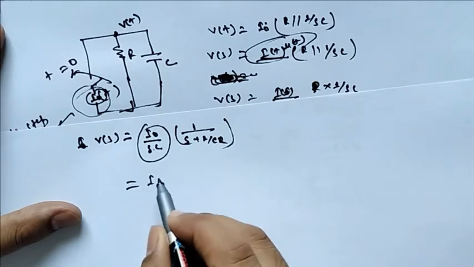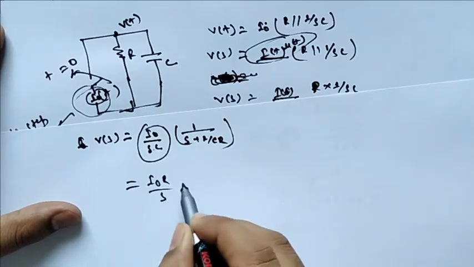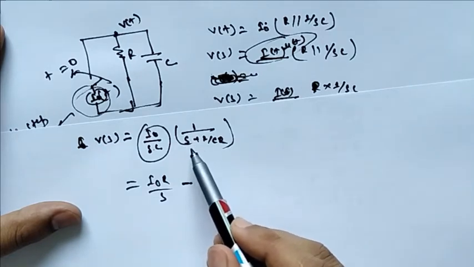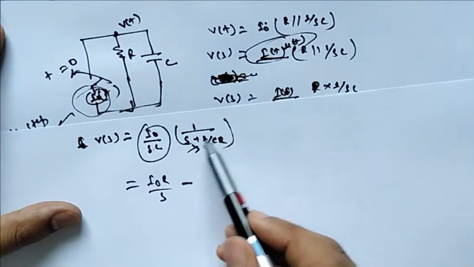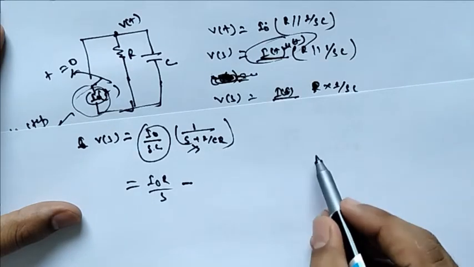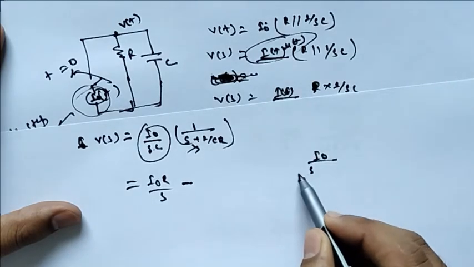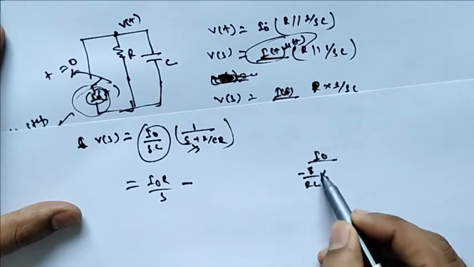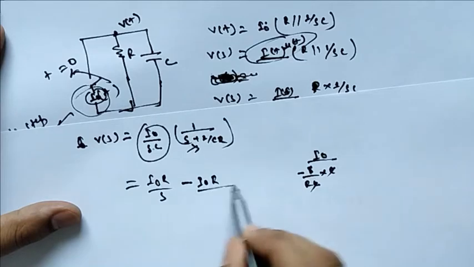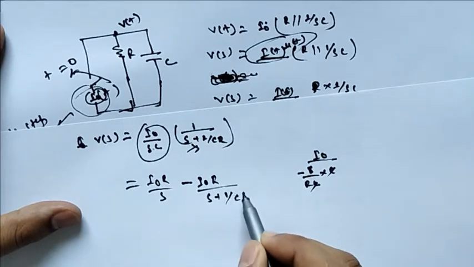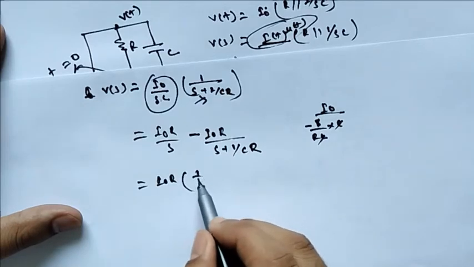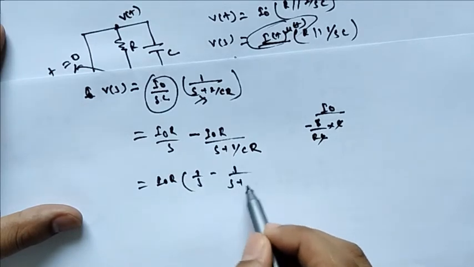So I naught R as the first term, and for the second, if I put S equal to minus 1 by RC in the function, it is going to give me minus I naught R by S plus 1 by CR. Taking the common I naught R, we get 1 by S minus 1 by S plus 1 by CR.